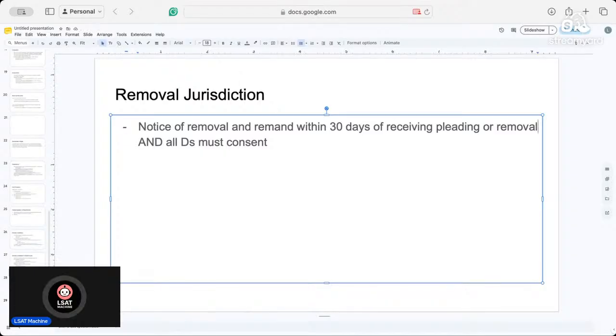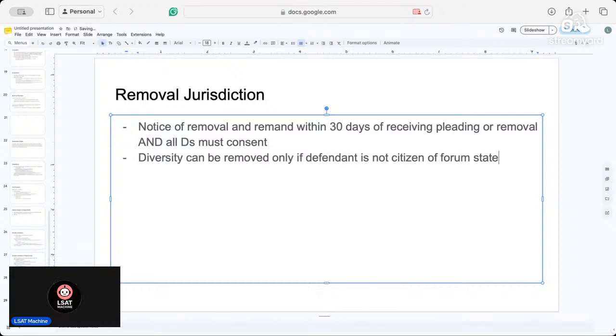And diversity can only be removed if the defendant is not a citizen of the forum state. What that means is if you're trying to get into federal court because you are from different states, you can do it only if the defendant is not from the state you are suing in.